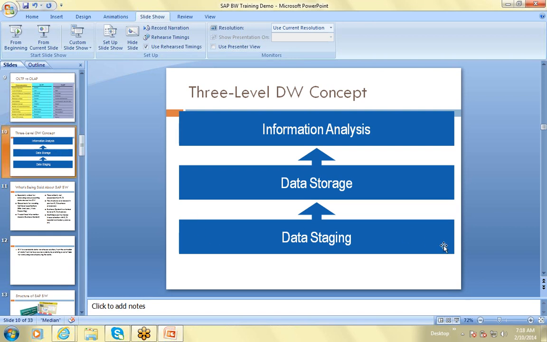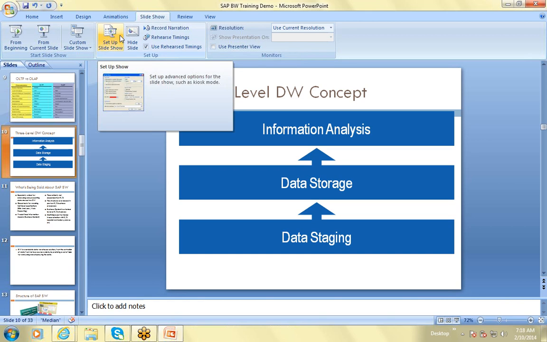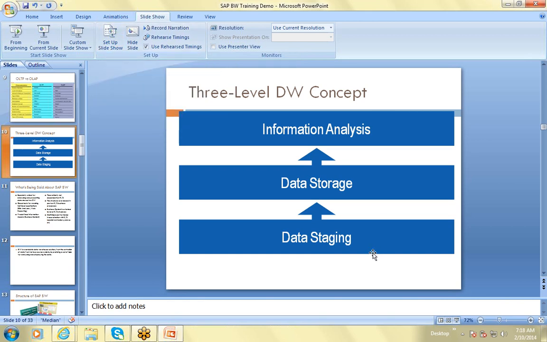Data staging means different source systems would be coming, and we would be reading the data from the different sources and making sure that they follow the same standards in order to store the data, as we have discussed earlier.